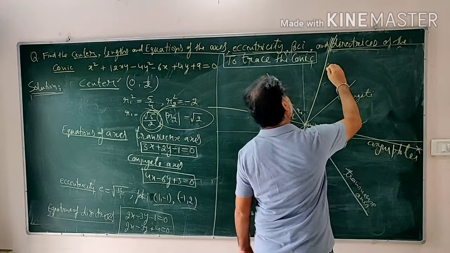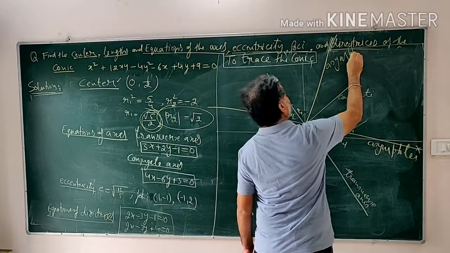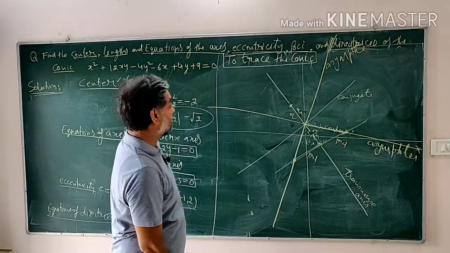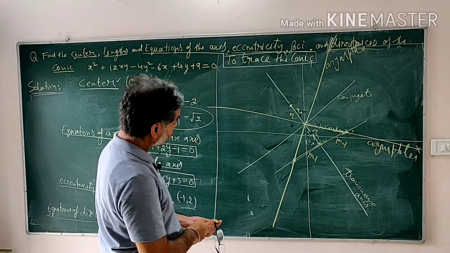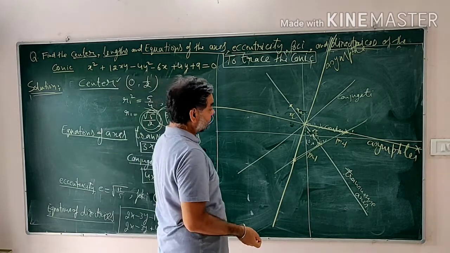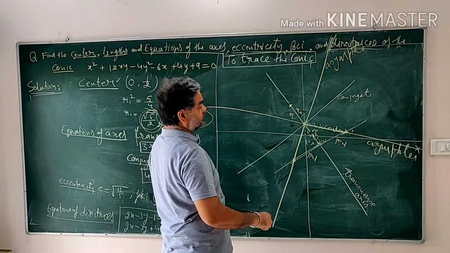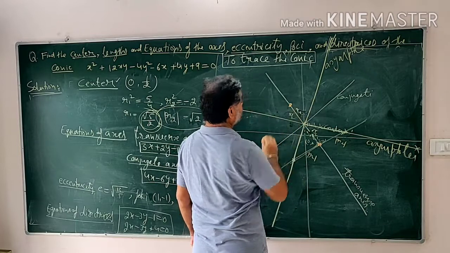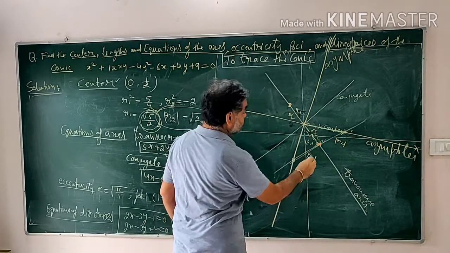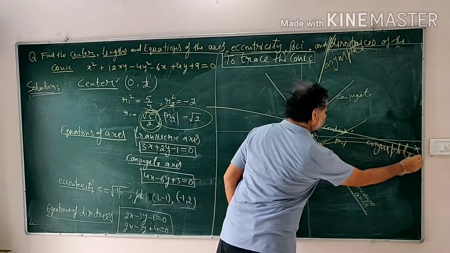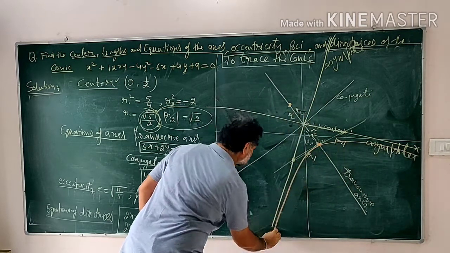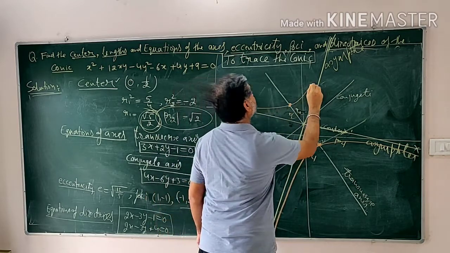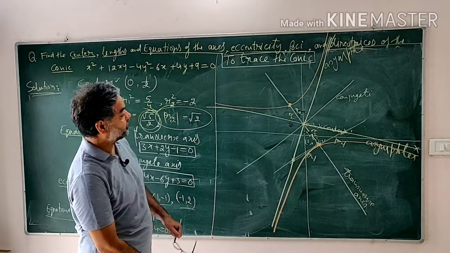Once you have these asymptotes, you can roughly draw the hyperbola. This is a point here, this is another point here, this is the transverse axis, and so you can roughly draw the hyperbola like this. These are the conjugate asymptotes. So we have drawn the hyperbola.